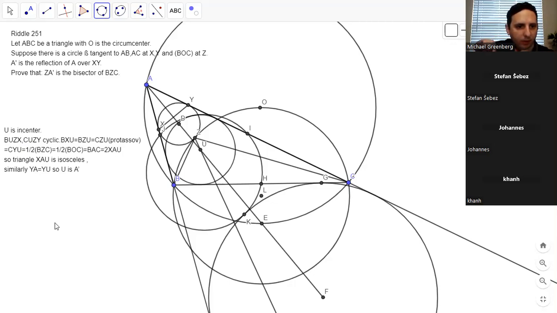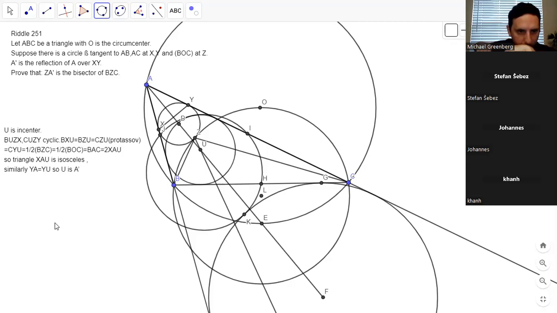EXU. Actually, you kind of don't need it. It's just similar to Protassov, but we don't really need to call it Protassov. It's just angle chasing.